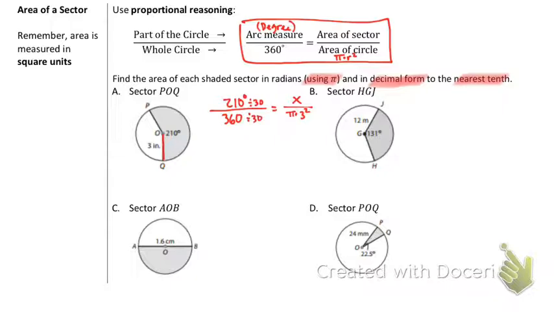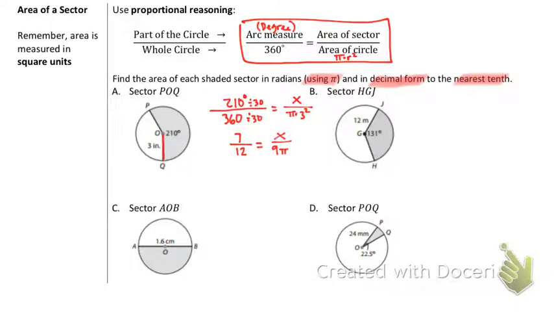So we get 210 divided by 30, that gives us 7. 360 divided by 30, and that gives us 12. All equal to x, and then we're going to clean up pi times 3 squared. So 3 squared is just 9 pi.